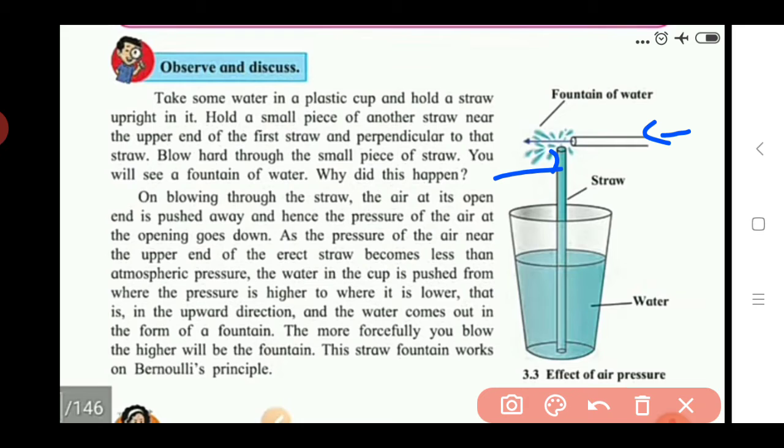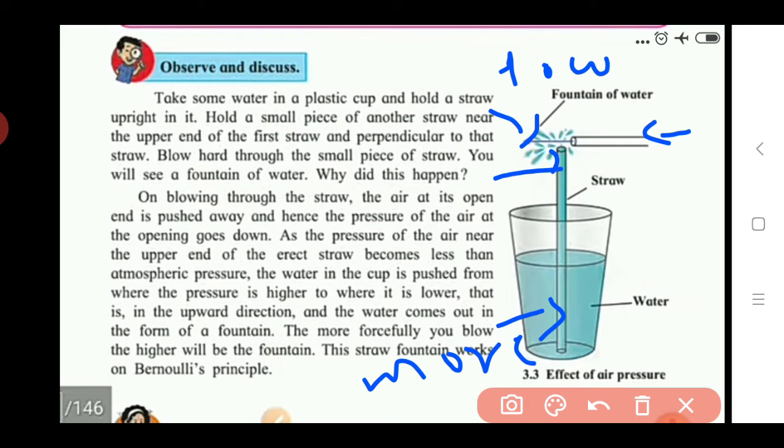The pressure at the opening of this vertical straw goes down, meaning the value of atmospheric pressure decreases. At the same time, the air pressure is more at the lower part of the straw, and the air pressure becomes unbalanced: at this end the air pressure is low, and below it is more.